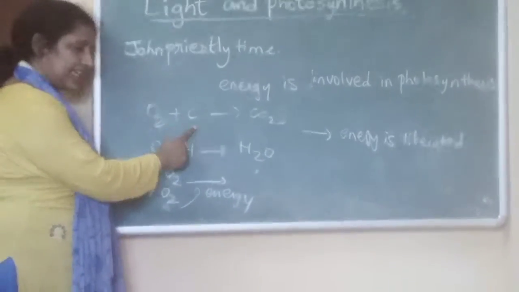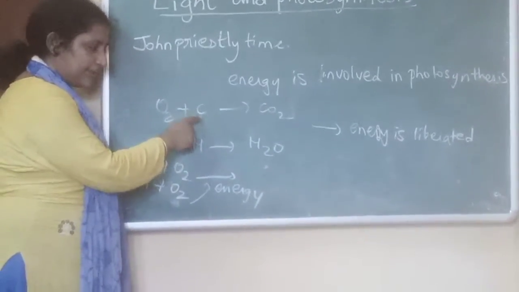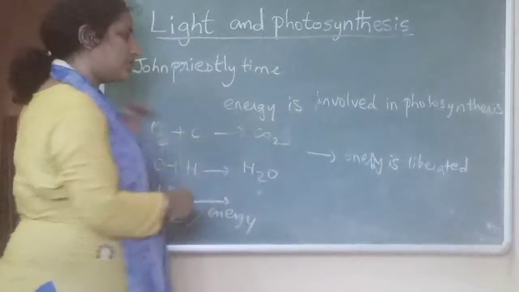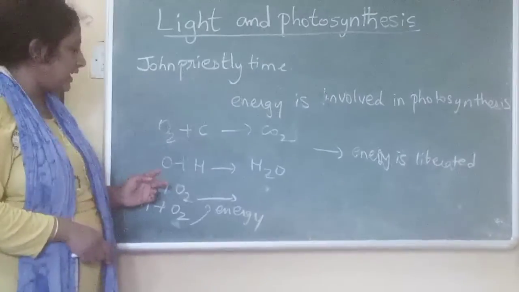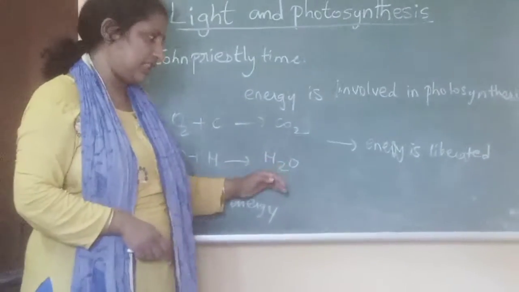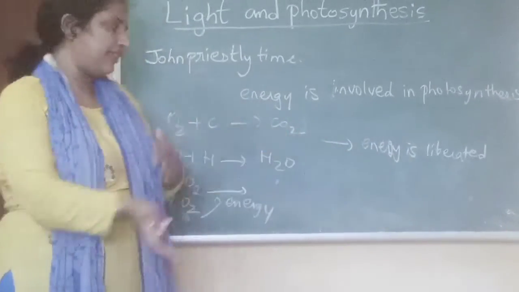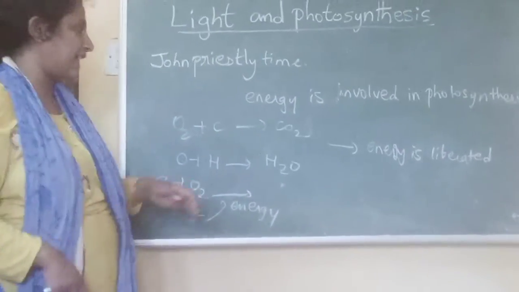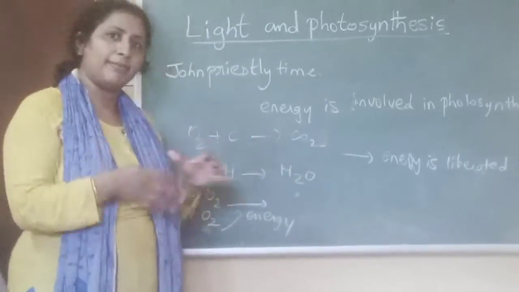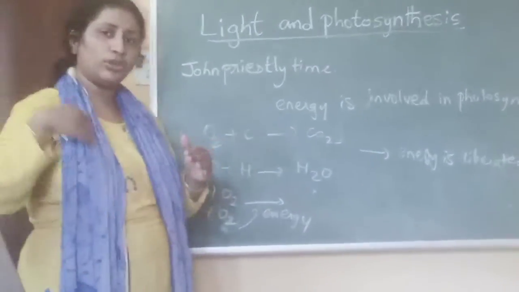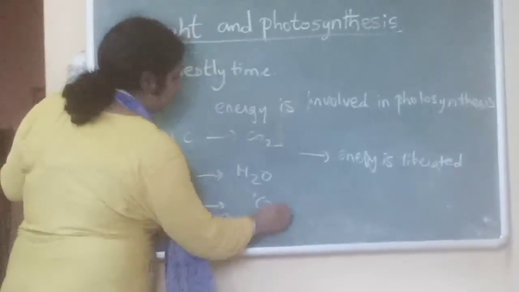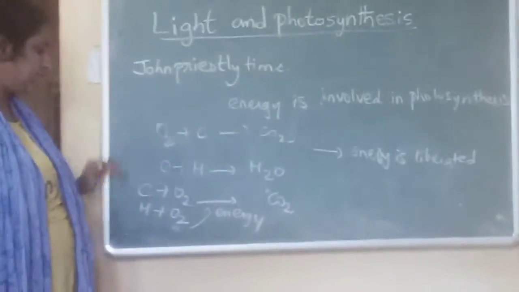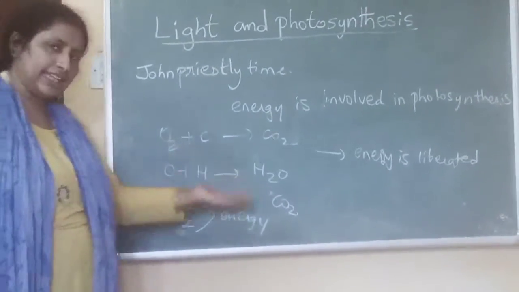Here oxygen is reacting with carbon to form carbon dioxide, and in this process energy is liberated. When oxygen reacts with hydrogen, water is formed and energy is liberated. But if you want to reverse the reaction, then you need to supply energy to form CO2 or any other product.